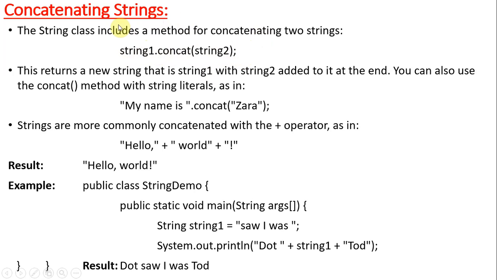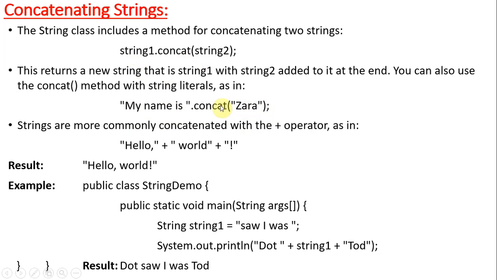We have another way also, by using a string literal. Here we are presenting variable names, but we can directly place the literal also. My name is, then dot concat is the method name of a string, where we can pass another literal. This is a string variable, this is a string literal, double quotation compulsory.